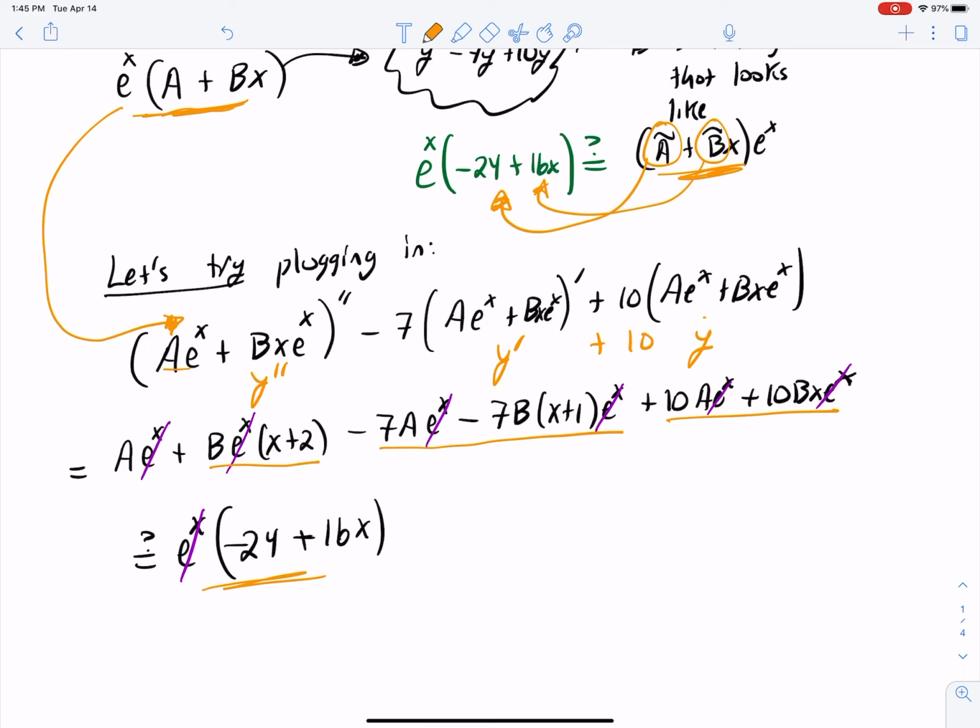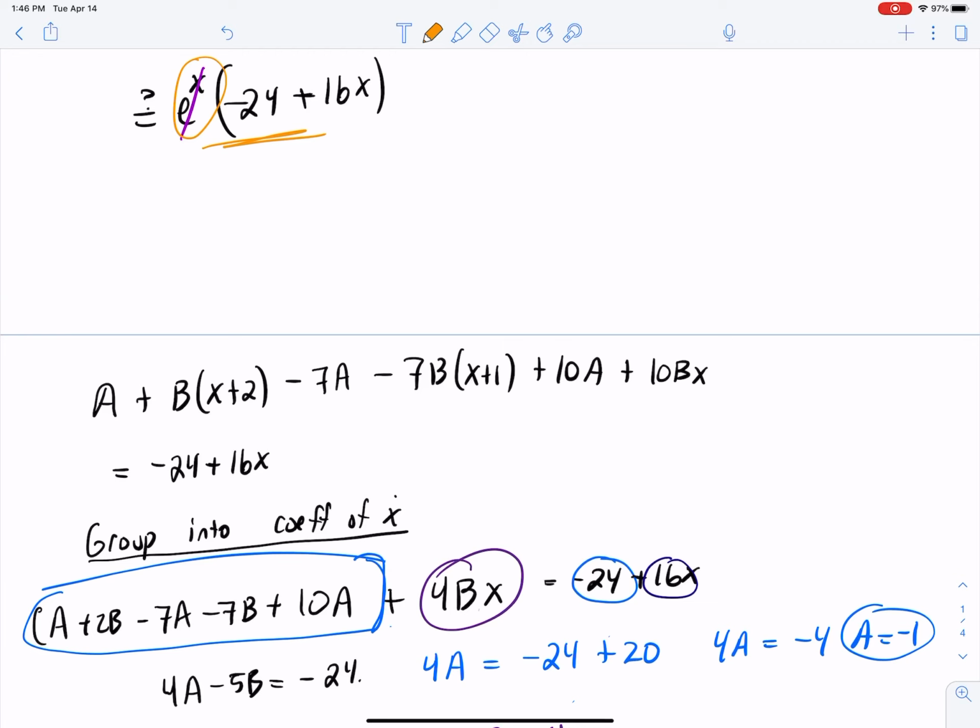Those appear in every single term here, and we put them in there because we needed to cancel the e to the x on the right-hand side. So this leaves us with a polynomial. This is just recopying without the e to the x's: my jumbled up term that's passed through the equation equals this right-hand side term without the exponential.